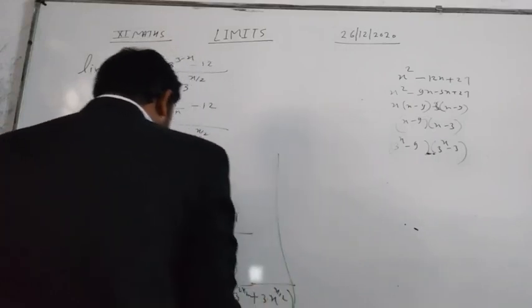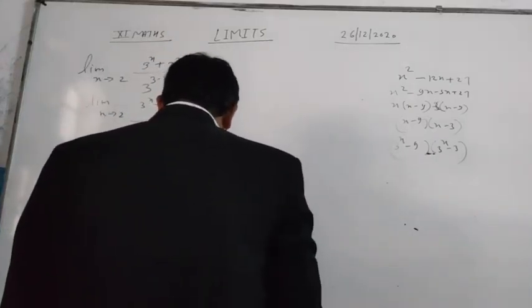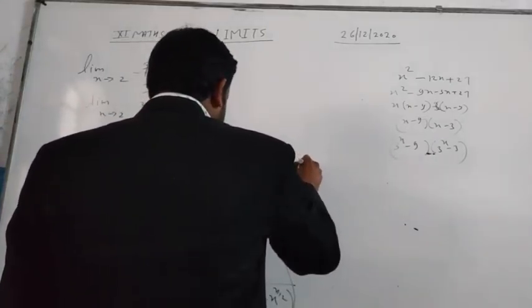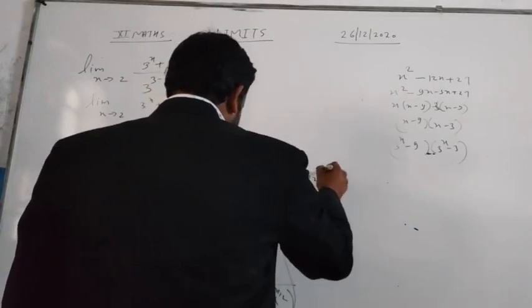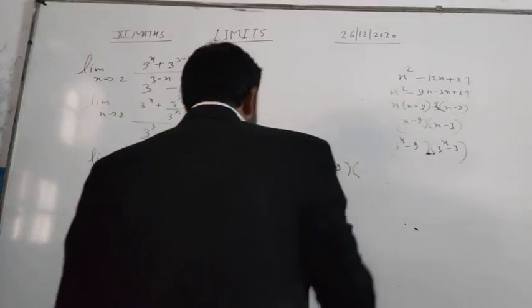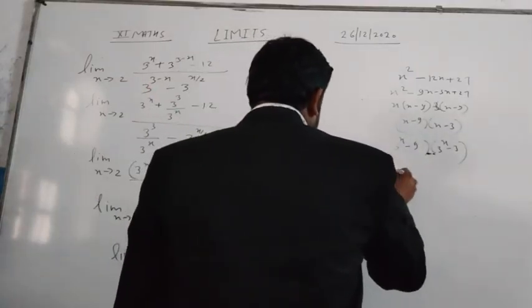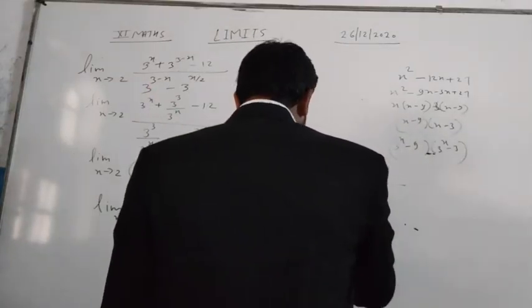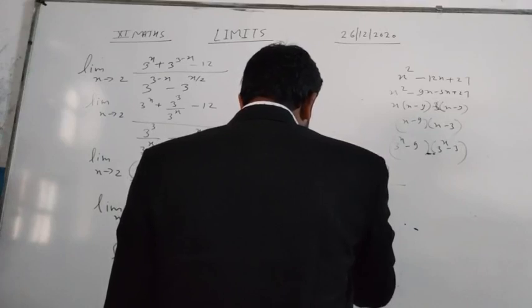Now student, we will further solve it and we get limit x tends to 2, (3 to the power x minus 9)(3 to the power x minus 3) by (3 minus 3 to the power x by 2).